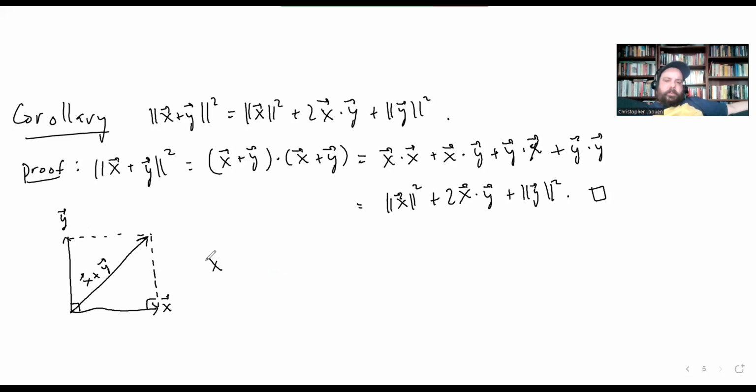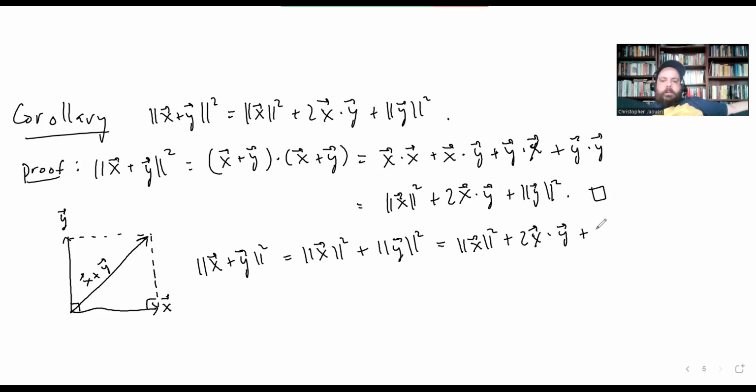Right, then by Pythagoras, the length of x plus y squared, which is the hypotenuse of this right triangle here, should be the length of x squared plus the length of y squared. Right, and if we set that equal to what we just found by this corollary, that should also be equal to the length of x squared plus 2x dot y plus the length of y squared.